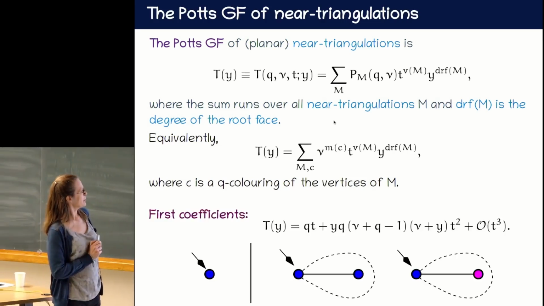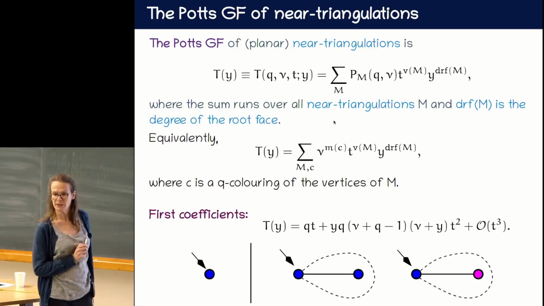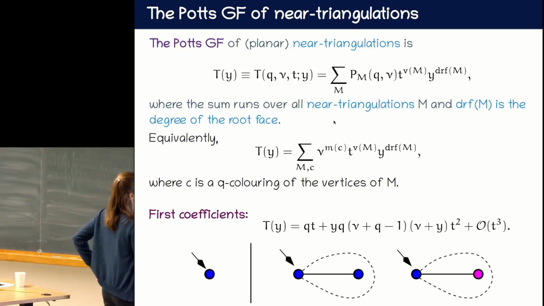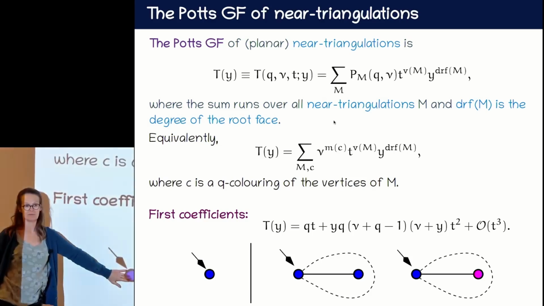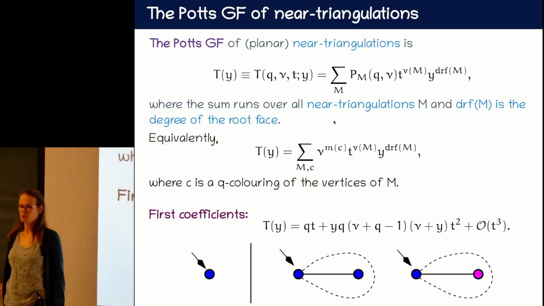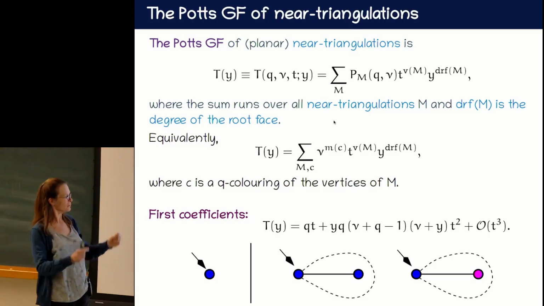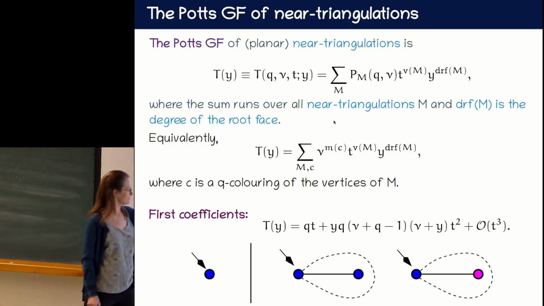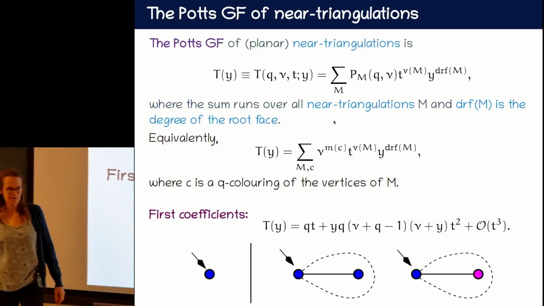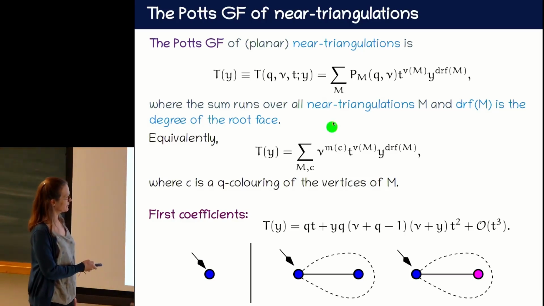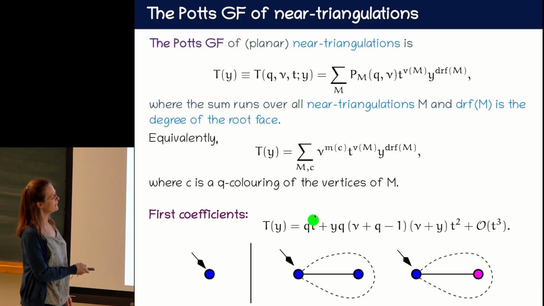So we can look at small near triangulations. With one vertex, this is the only near triangulation with one vertex. It has outer degree 0, one vertex, and q colorings. So this gives this monomial here.